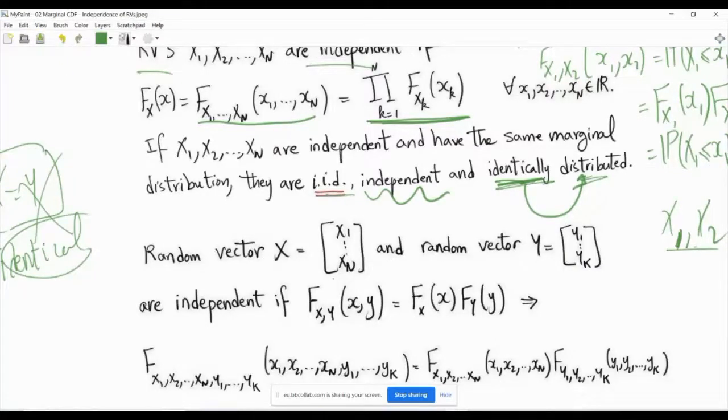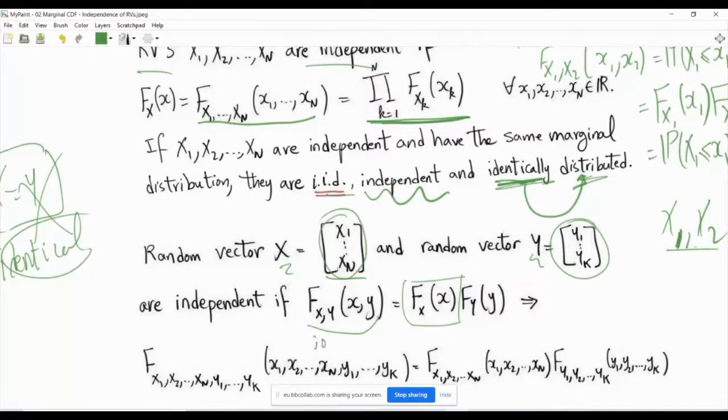Now, if we have two random vectors, so basically a bunch of random variables, x1 to xn, and another bunch of random variables, y1 to yk, in total we have big N plus big K random variables. If we say that the random vector x is independent of the random vector y, we are saying that the joint CDF of those N plus K random variables can be written as the joint CDF of the x's multiplied by the joint CDF of the y's.